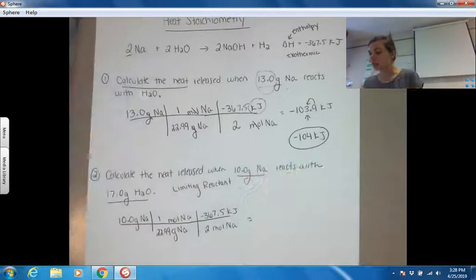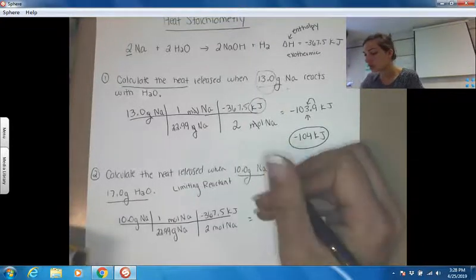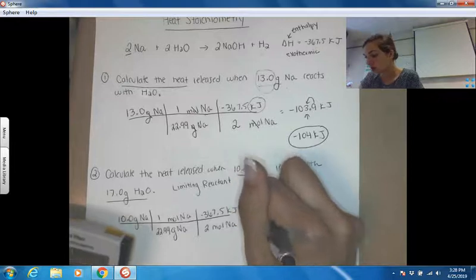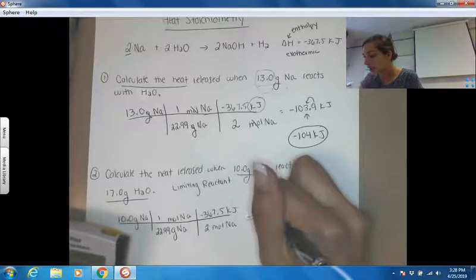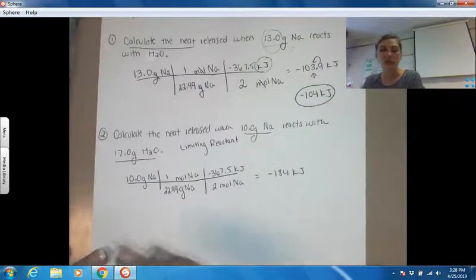And we're going to solve that, and set up something very similar for our other reactant. All right, so when I solve this, I have 3 significant figures here. So my answer should be negative 184 kilojoules.